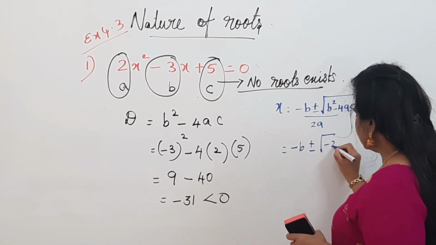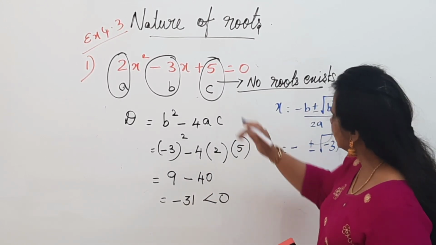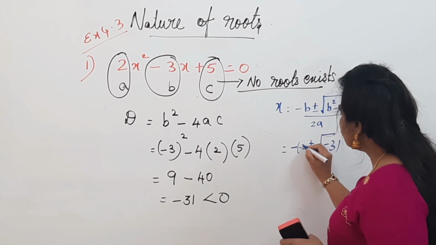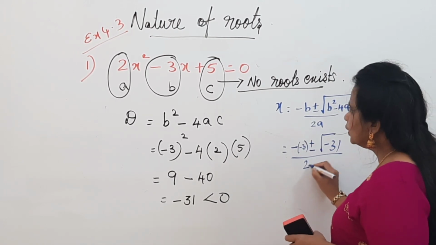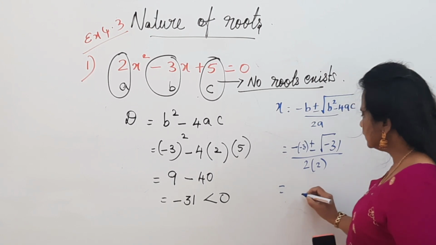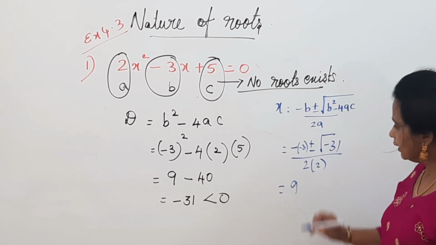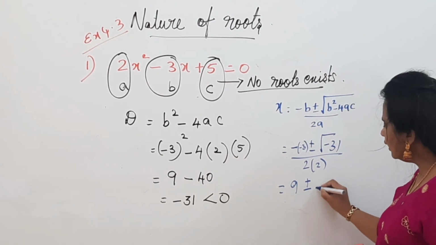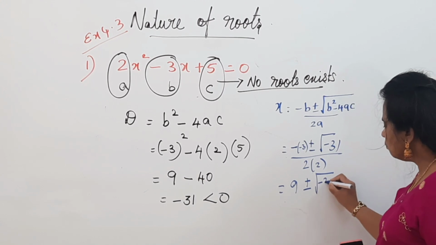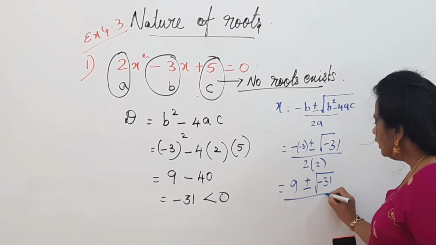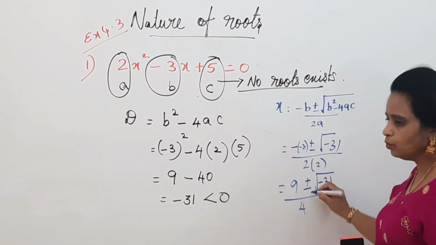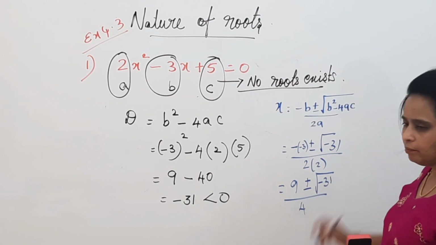That is minus 31. And what is my minus b? Minus b is minus of minus 3 divided by 2 into a, which is 2. That is equal to plus 9 plus or minus root of minus 31 divided by 4.